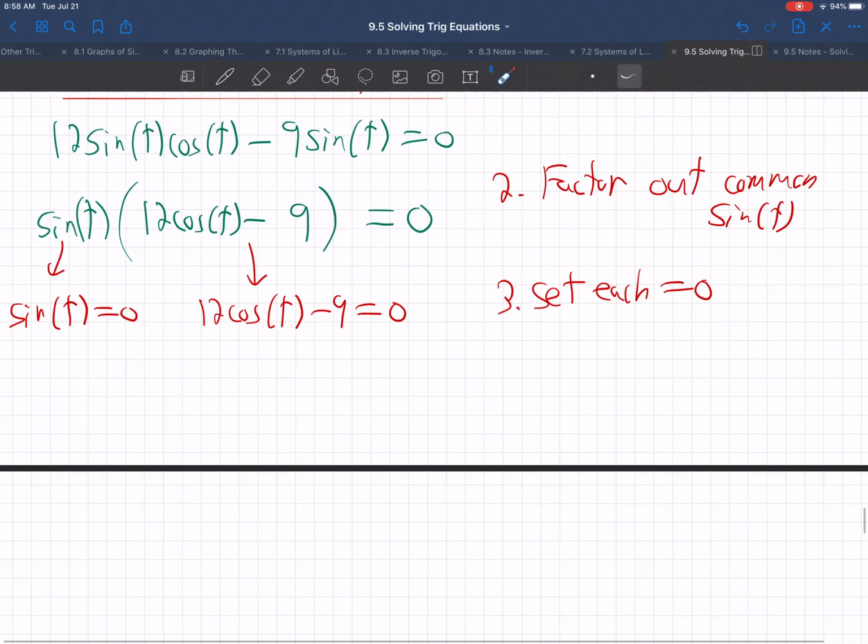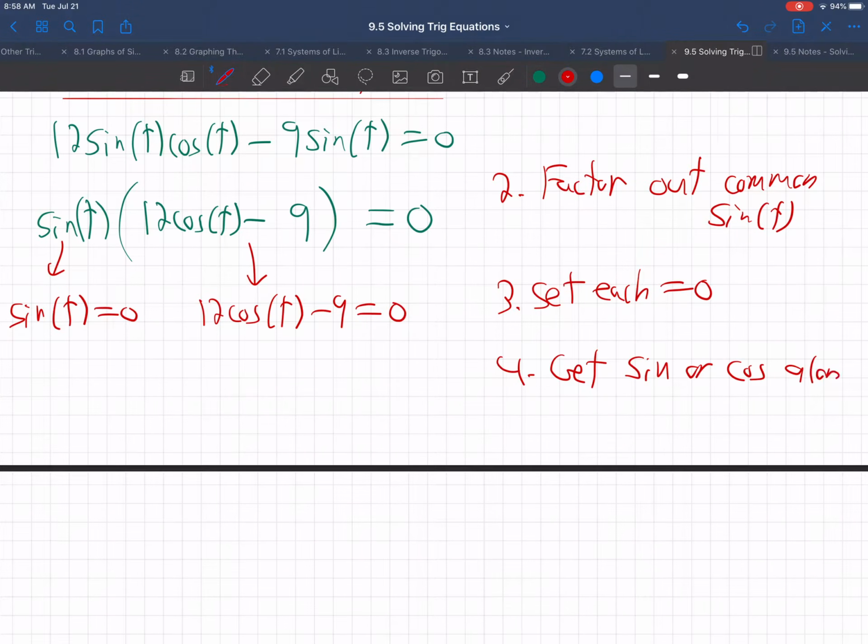Okay, so then we need to finish getting this one alone. Get the sine or cosine alone. So it already is alone here. That's good. The other one, I'm going to need to add the 9 to both sides here. And then we get 12 cos t is 9.